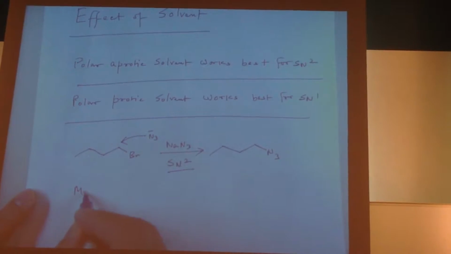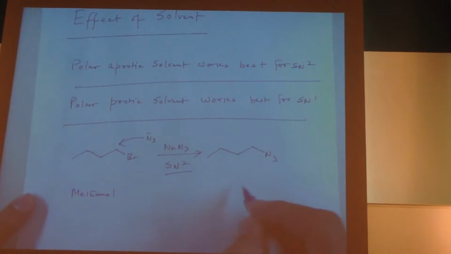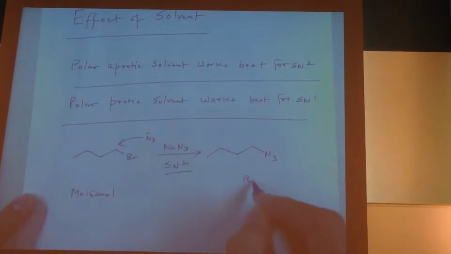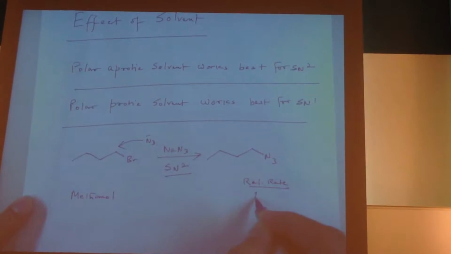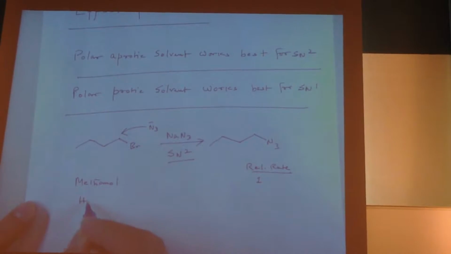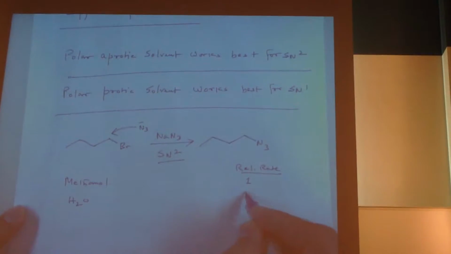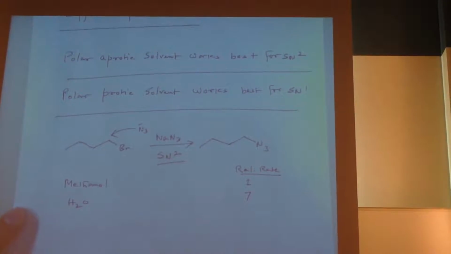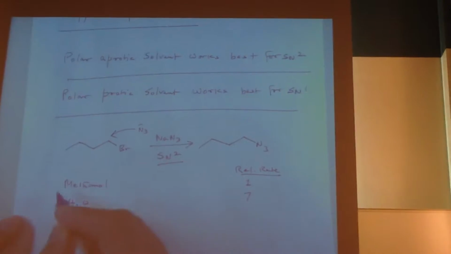So methanol gives you the relative rate of 1, which when we replace it with water as the solvent, slightly increases because water is a more polar solvent than methanol. Nevertheless, they are both protic solvents.